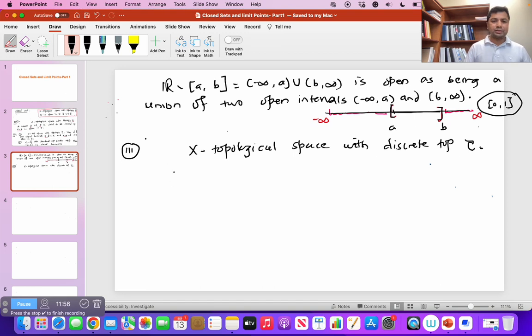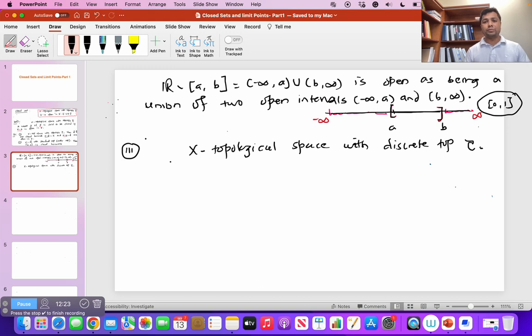Now since every subset of X in the discrete topology is an open set, we can also say that every subset is closed in the discrete topology, because by definition a subset of X is closed in X if its complement is open.